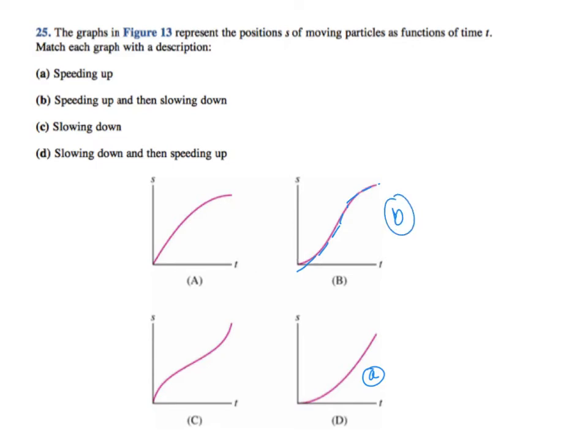Something that's always slowing down would be A. Something that's slowing down, getting flatter, but then getting steeper again, would be graph C.